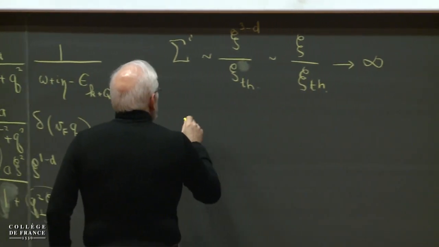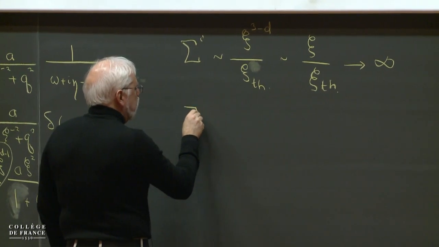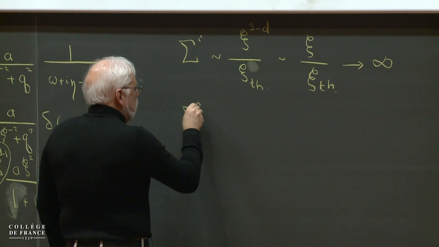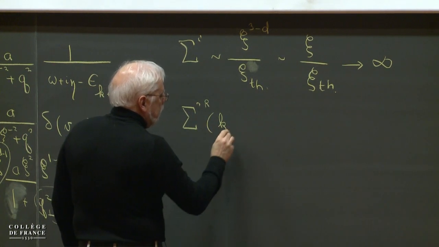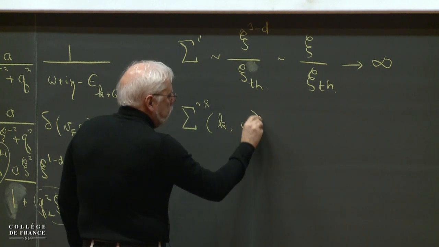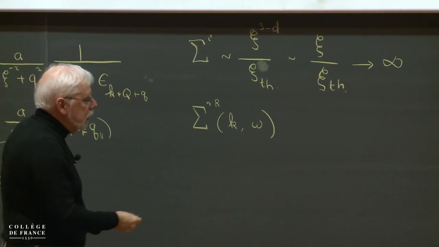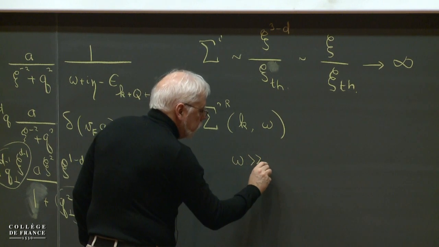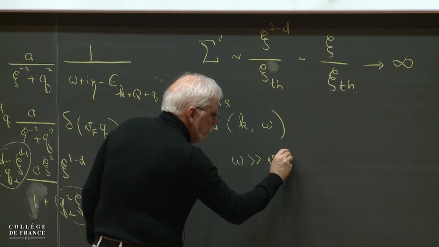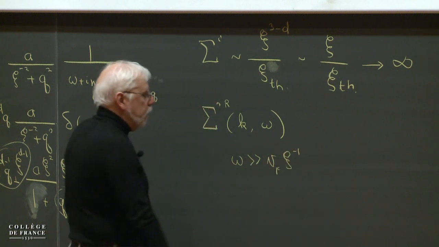And in fact, we can see this a little bit more clearly if we look at the real part of this retarded function at some k vector and some arbitrary frequency. Not so arbitrary. I will choose it in such a way that omega is much larger than Vf Xc to the minus 1.